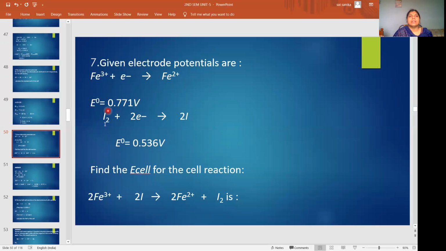Iodine is also taking electrons and converting into 2I minus, so it is also given as a reduction potential. Both are undergoing reduction, and we are asked to calculate the EMF of the cell for the overall reaction.